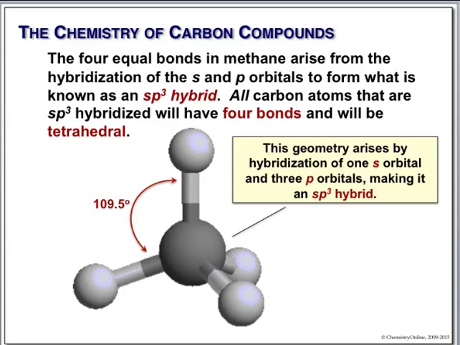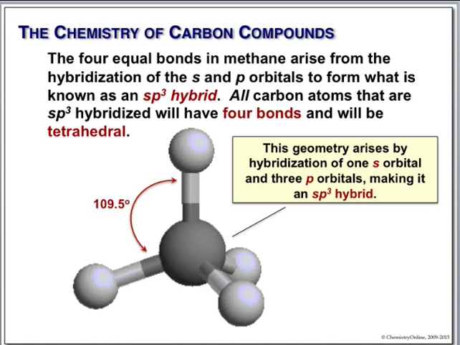Again, one s orbital, three p orbitals, and we arrange the bonds so that they are tetrahedral. Everything is as far apart from each other as it can get. And again, 109.5 degree bond angles. sp3 hybrid. A little bit later, we'll see an example of an sp2 and an sp. So those are different ways that we can bond to carbon.